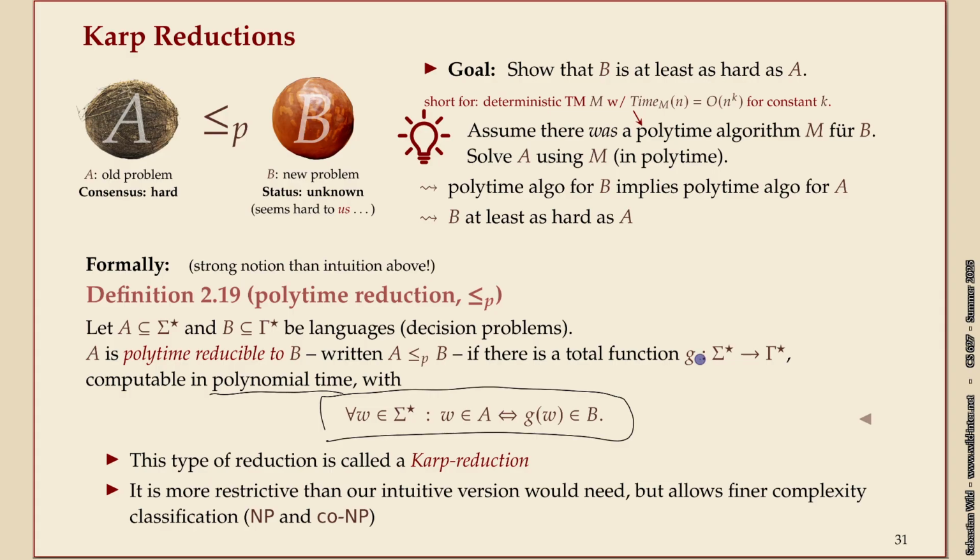This we're not allowed to do here. We have to take the input, transform the input to a different input, and then apply the algorithm on the other problem once, and that's it. Also, the output has to be the same. I cannot flip between 1 and 0, yes and no. That's what Karp reductions do, and that gives some nice properties that go beyond this intuition.